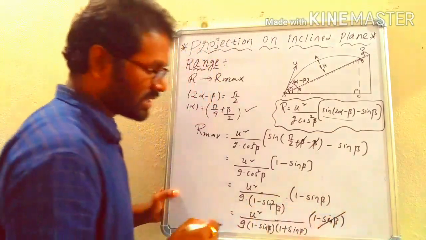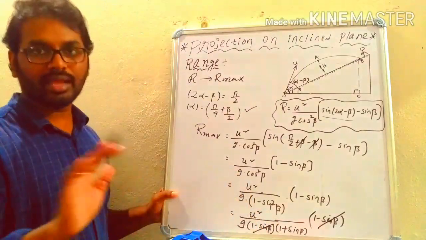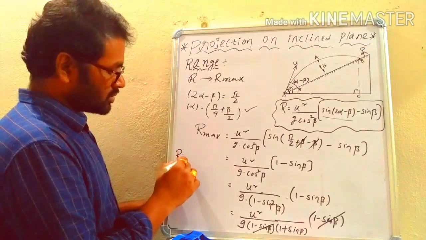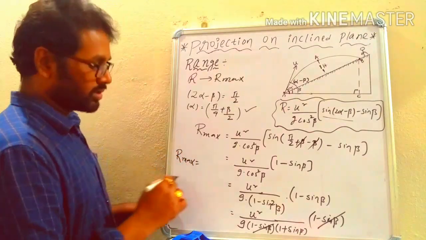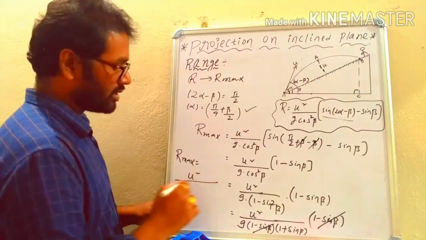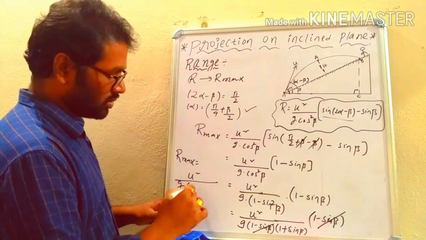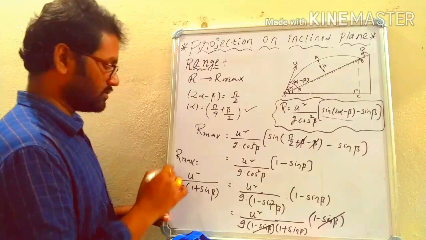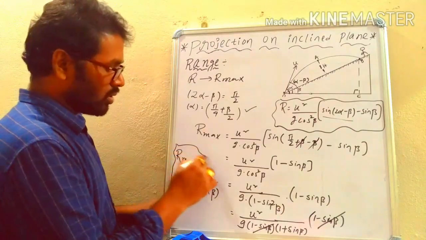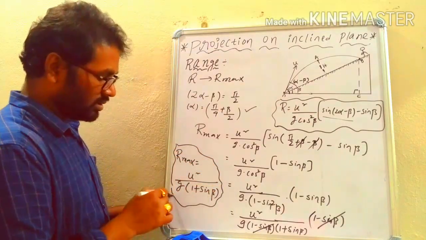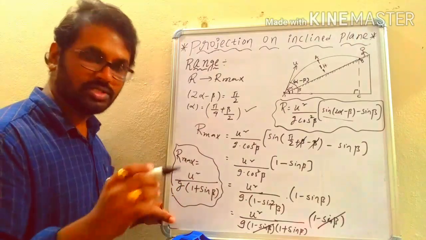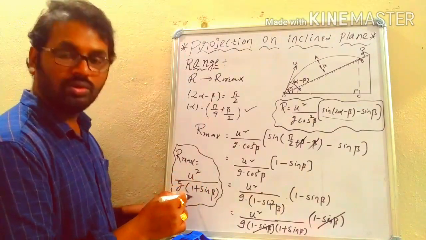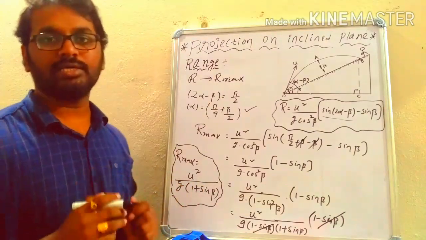There you can see 1 minus sine beta and 1 minus sine beta get cancelled out, and the remaining part is: R max is equal to u square divided by g into 1 plus sine beta. So you got the result for the maximum range: u square by g into 1 plus sine beta.